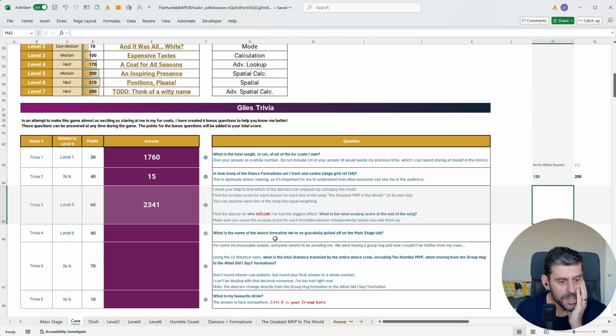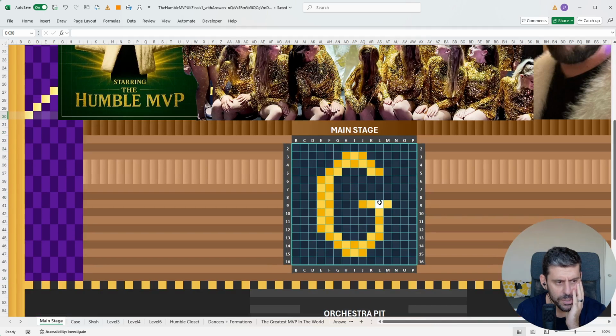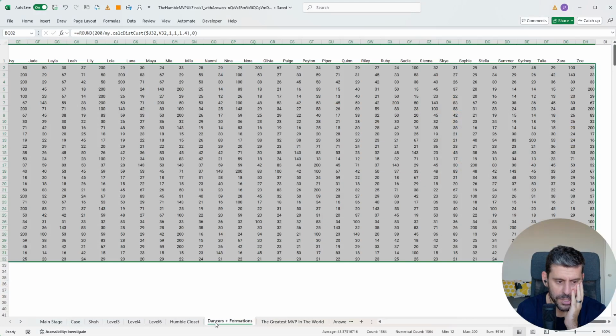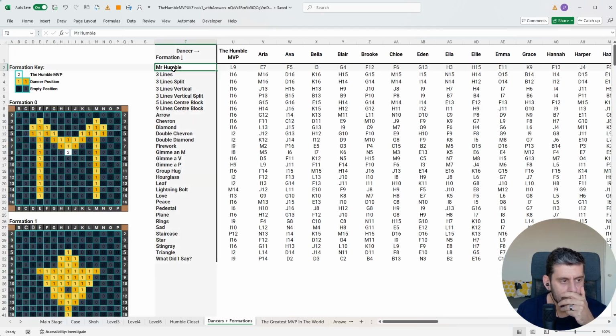What is the name of the dance formation we have so gracefully pulled off on the main stage tab? I didn't even read this on day G. Okay, this is probably doable without any kind of logic. Mr. Humble. This formation 0.